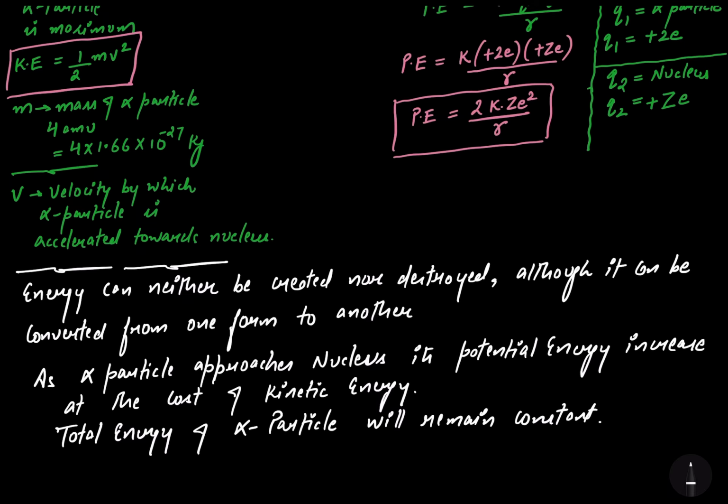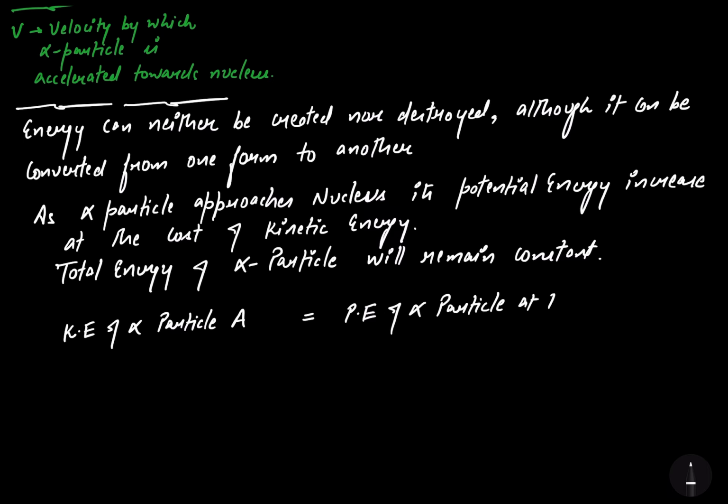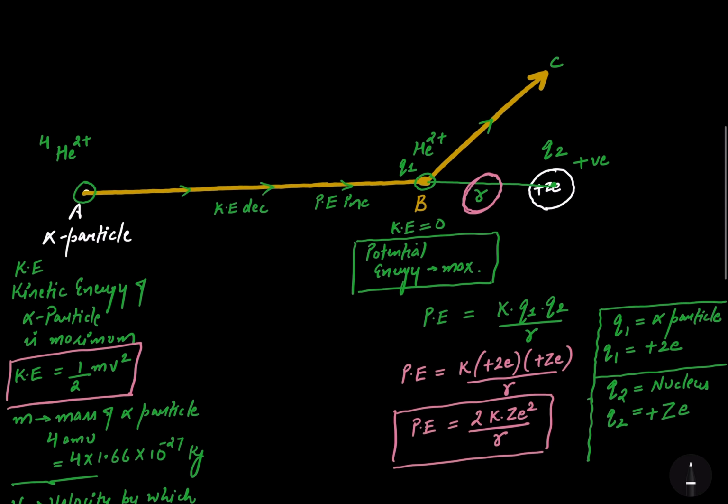So what will happen over here? These lines prove that the kinetic energy of alpha particle at A will be equal to the potential energy of alpha particle at B. Now let's come back to the diagram.